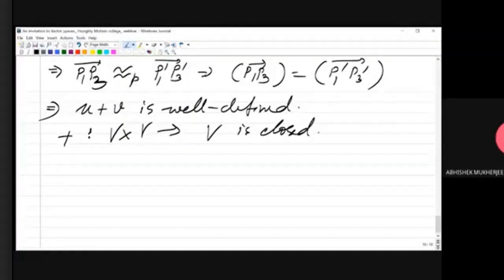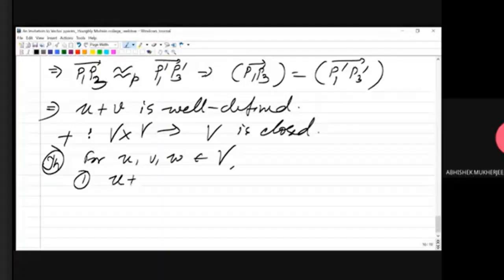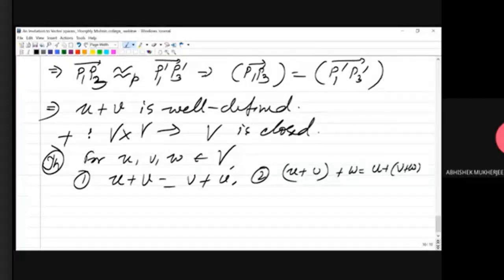And not only that, this can be treated as a theorem: suppose you have three vectors, then you can prove that u plus v equals v plus u, and this will satisfy associativity also. Surprisingly, you will have all the properties that you define to axiomatize a vector space.